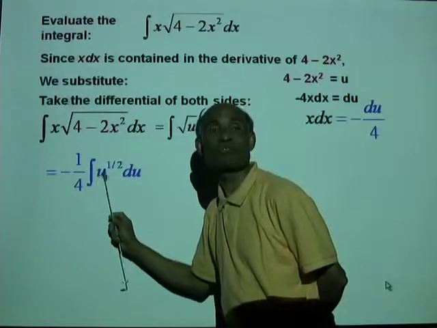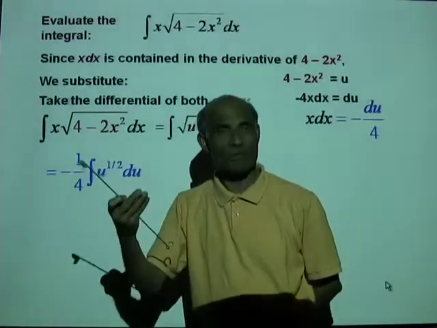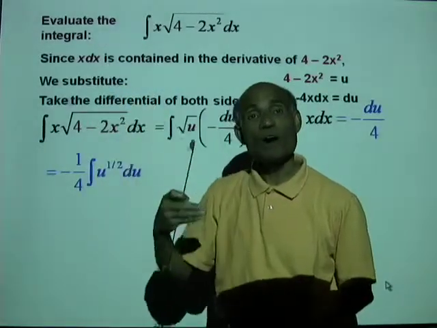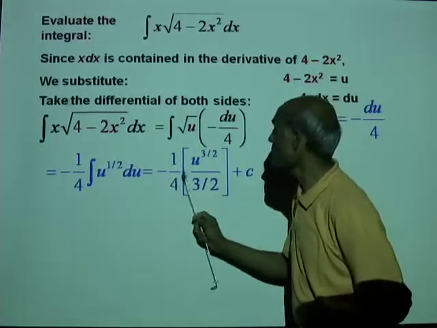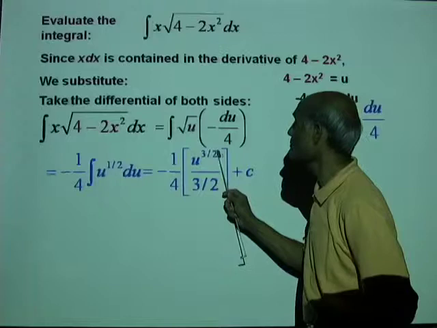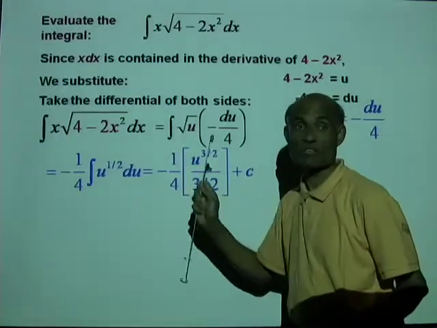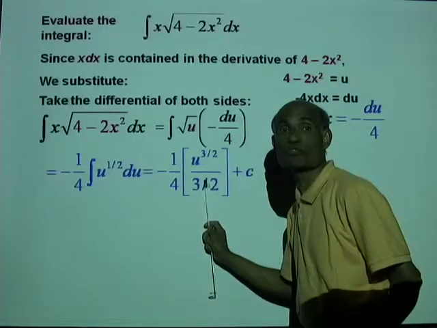What is integral of u to the power of 1/2 du? Use the power rule. It will be u to the power of 1/2 plus 1 over 1/2 plus 1. So that is negative 1/4 u to the power of 3 over 2 over 3 over 2. 1/2 plus 1 is 3 over 2. And again, very many times this appears in our simplification.